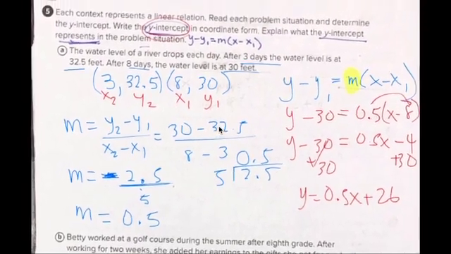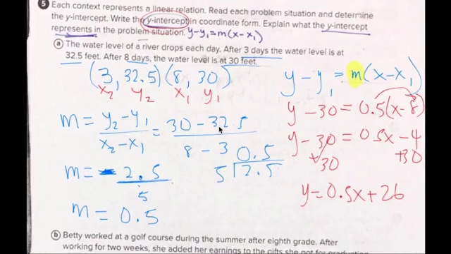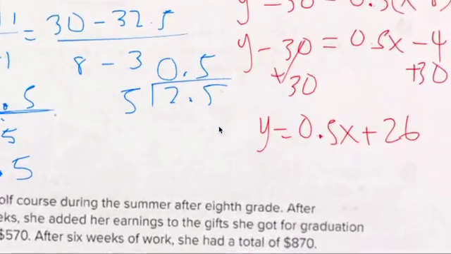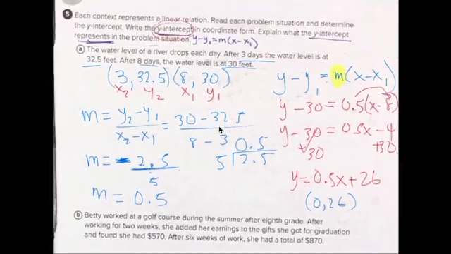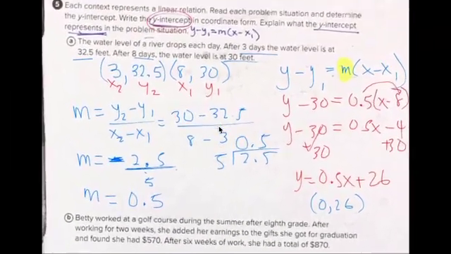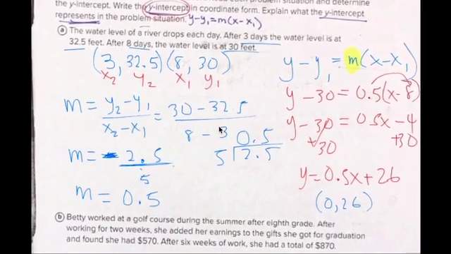I write the y-intercept coordinate. Explain what the y-intercept represents. Okay, the y-intercept is 0, 26, and it means the water level, right? Oh, problem. This is a negative.